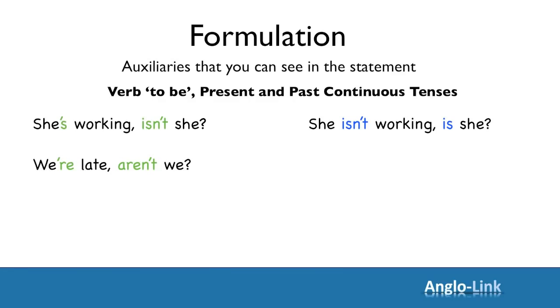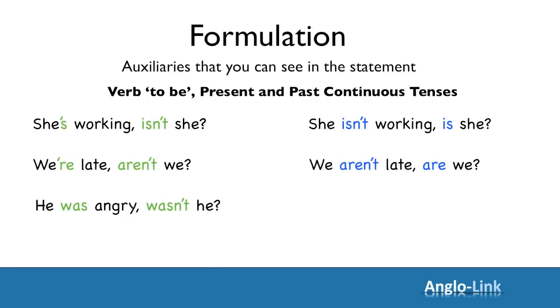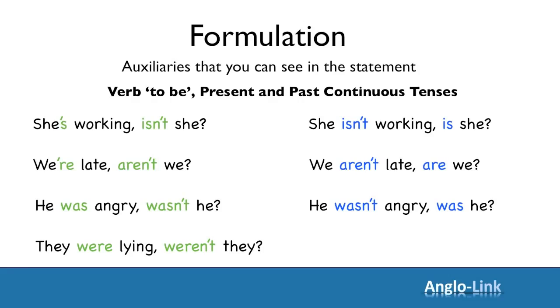We're late, aren't we? We aren't late, are we? He was angry, wasn't he? He wasn't angry, was he? And the last example in this group, they were lying, weren't they? They weren't lying, were they?